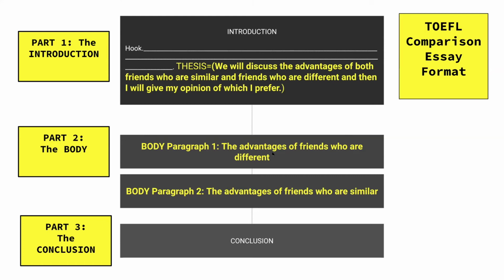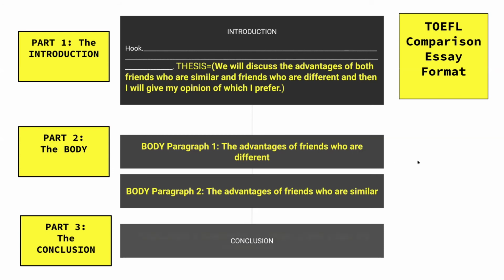And of course, the answer is no, it doesn't have to be. Now, a standard college essay usually has 5 paragraphs. That's what we call the standard college essay. But on the TOEFL, there's no requirement. But I would say that if you're going to write about both ideas, each one needs to be at least in its own paragraph.